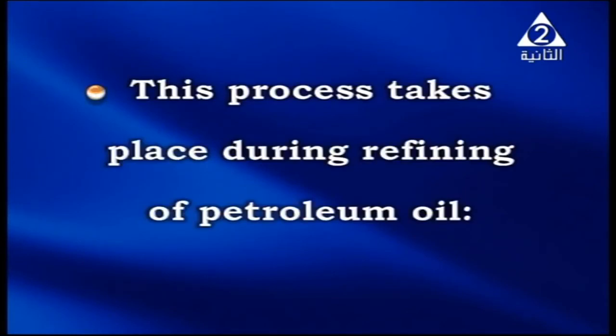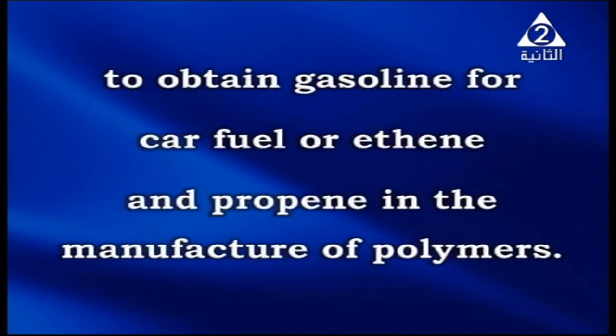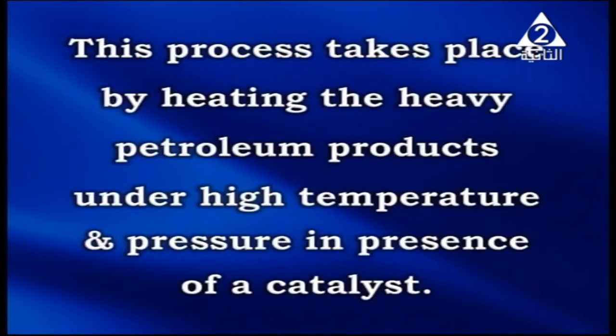So, my dear student, this process takes place during refining of petroleum oil to obtain gasoline for car fuel, or ethane and propane for the manufacture of polymers. This process takes place by heating the heavy petroleum products under high temperature and pressure in the presence of a catalyst.